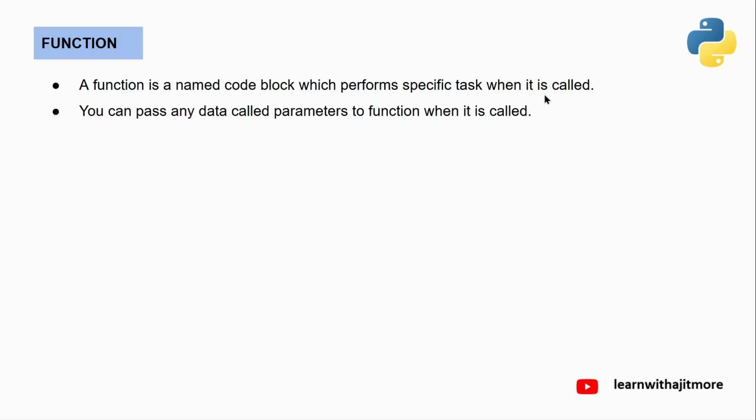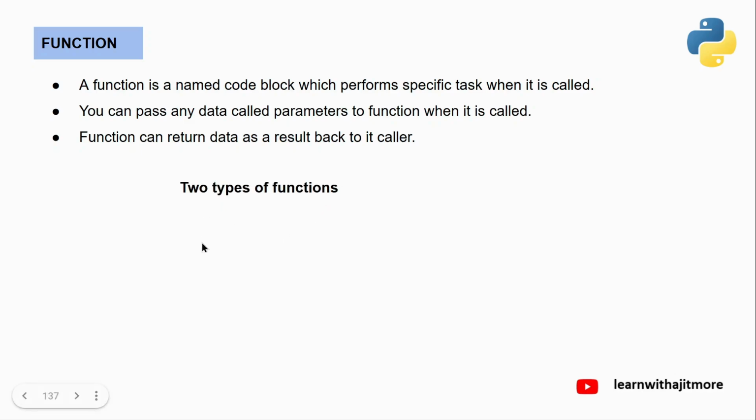Then, whenever you're calling, you can pass parameters to it. You can pass any data called parameter, right? And this function, after performing the task at the end, it may return also some result. Get it? So function can return data as a result back to its caller. Caller means जहां आपने वो function को call किया.